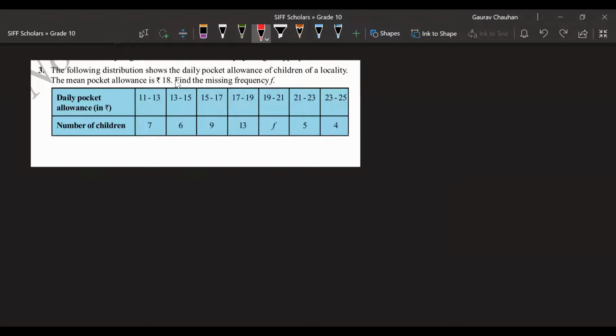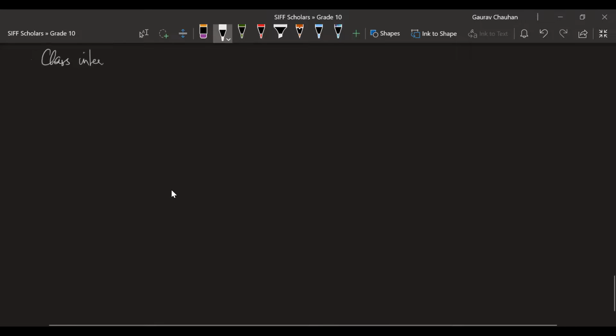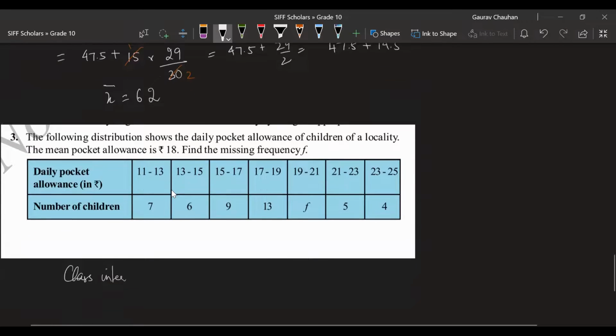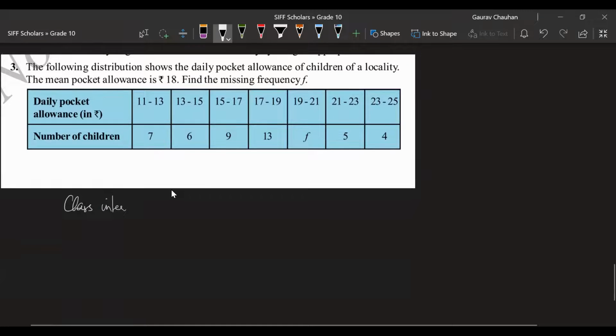And Riza is going to help us. Go ahead, Riza. Sir, what I was thinking is, if I use the direct method, then the formula will be the sum of fi xi divided by the sum of fi. For the sum of fi, I'll add all the values which are already given plus f.